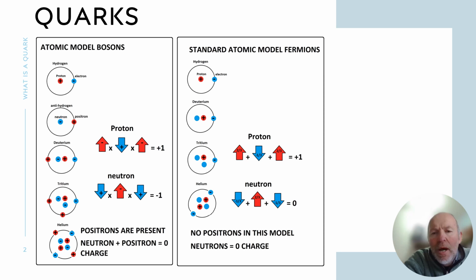Here the up quark is highlighted in red and it has a charge of plus 2/3, and the down quark is highlighted in blue and it has a charge of negative 1/3, and we add those together to get a +1 proton and a 0 charge neutron. Okay, so that's the standard thinking.